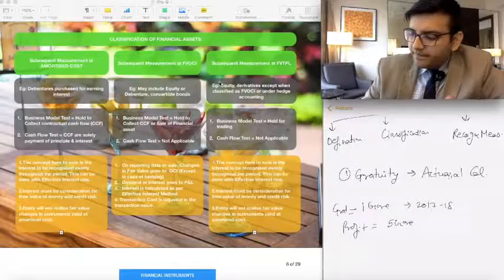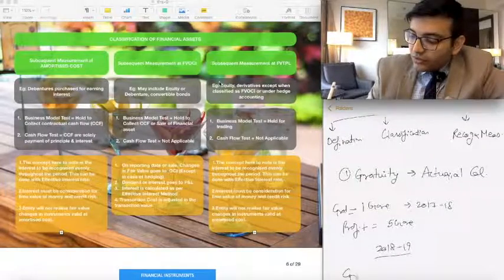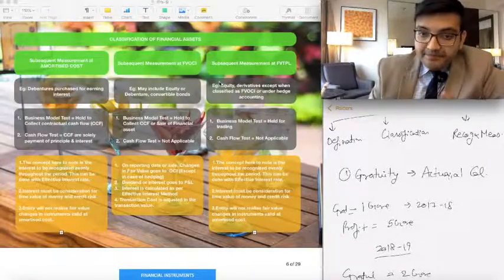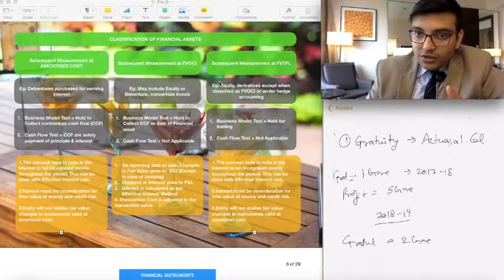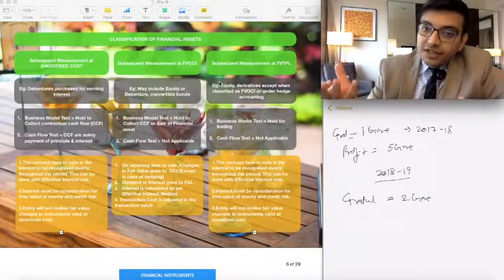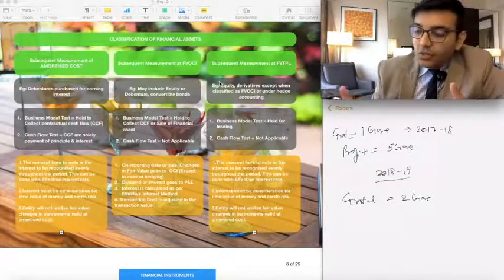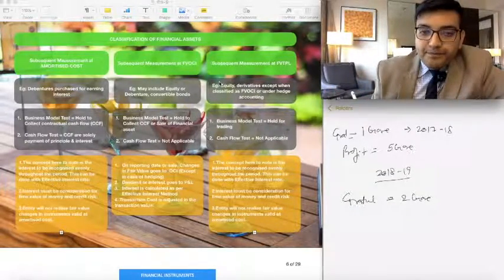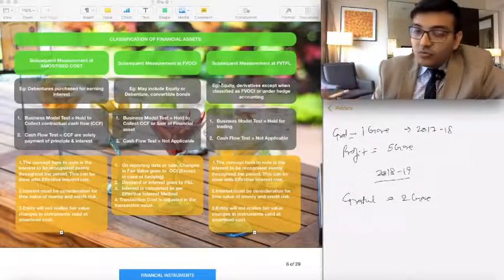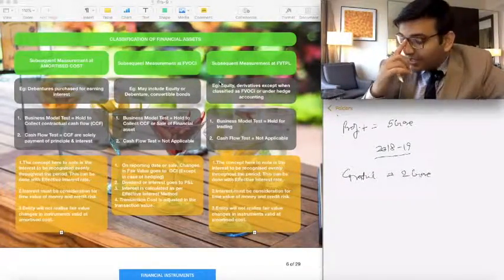Now in the next year, 2018-19, this gratuity provision increased to 2 crore, double. We don't know how, because practically speaking, nobody knows how. Only the CFO or the head of finance knows how this is coming, because they deal with this kind of thing. Or otherwise, if you have time, you can go into the actuaries' calculation. So it is double.